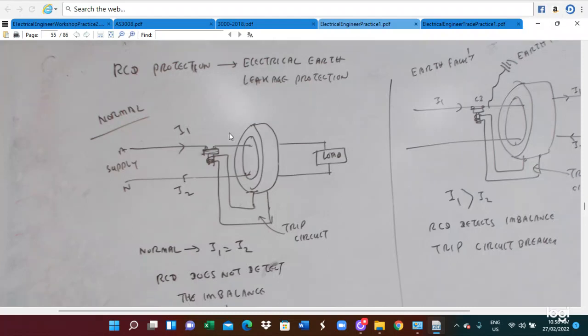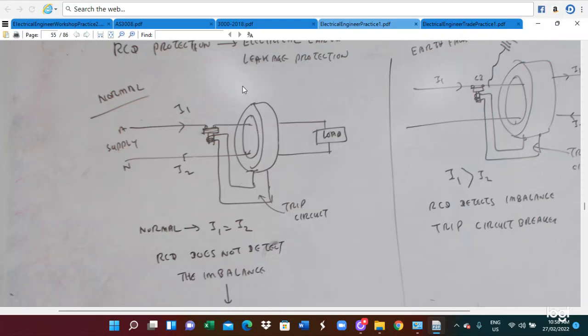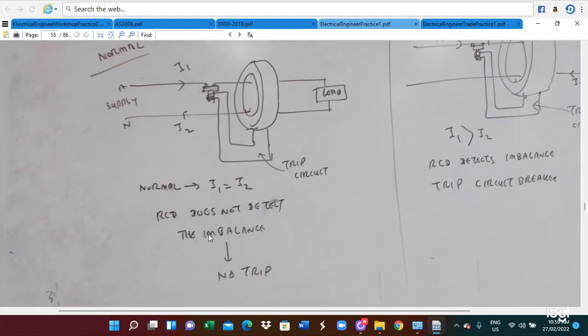So this is the RCD construction. The RCD has a coil, and this is the incoming current and outgoing current. Normally current I1 is from the supply to the load, and current I2 is the return current from load to the supply. In normal condition, I1 is equal to I2, there is no trip current. RCD does not detect any imbalance current, so there is no trip.